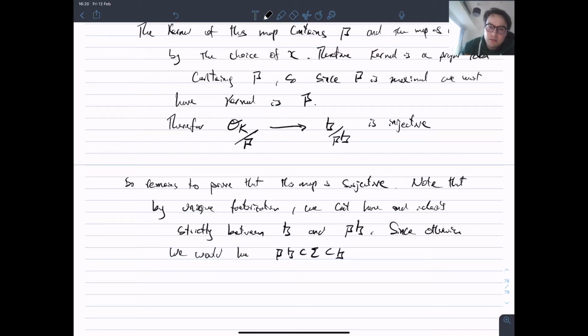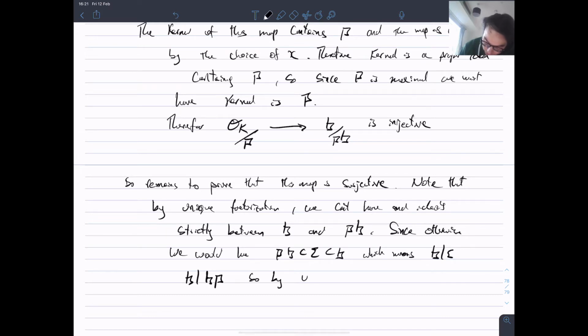But remember that containment turns into division of ideals, so what does it mean? It means that B would have to divide C. This is from this containment here, and then the other containment would tell us that B has to divide BB.